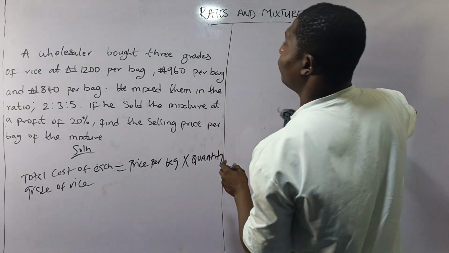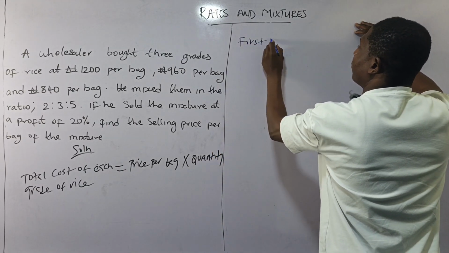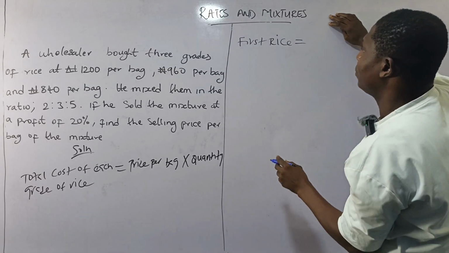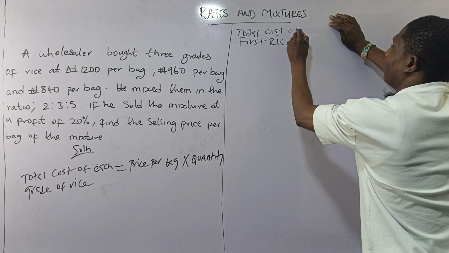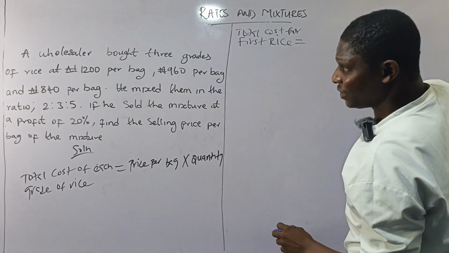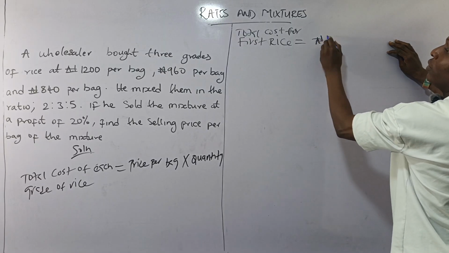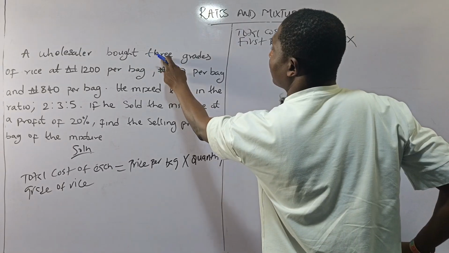Now, for the first rice, let me say, total cost for the first grade of rice will give me 1,200 times the quantity.